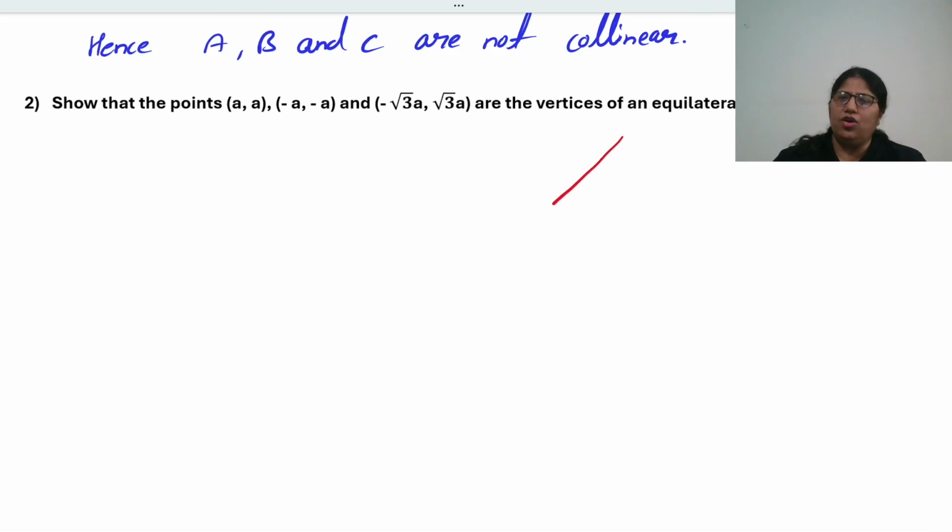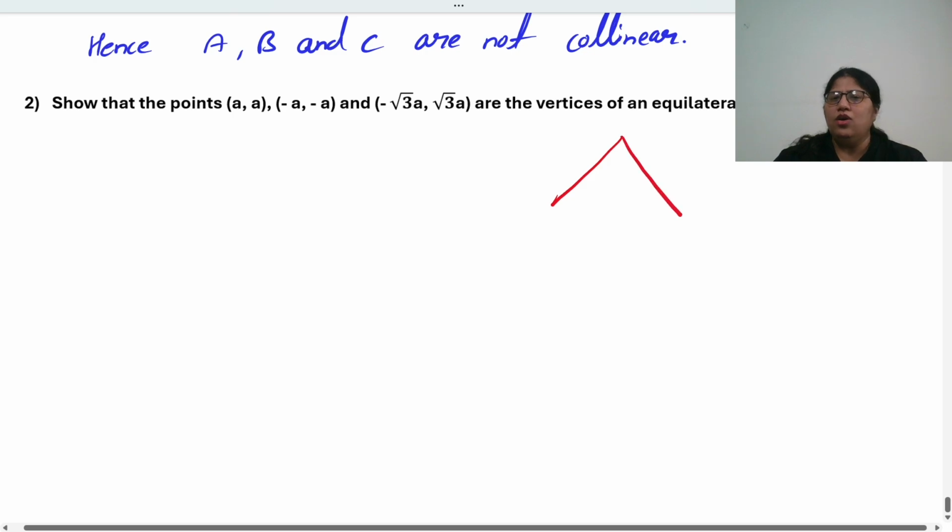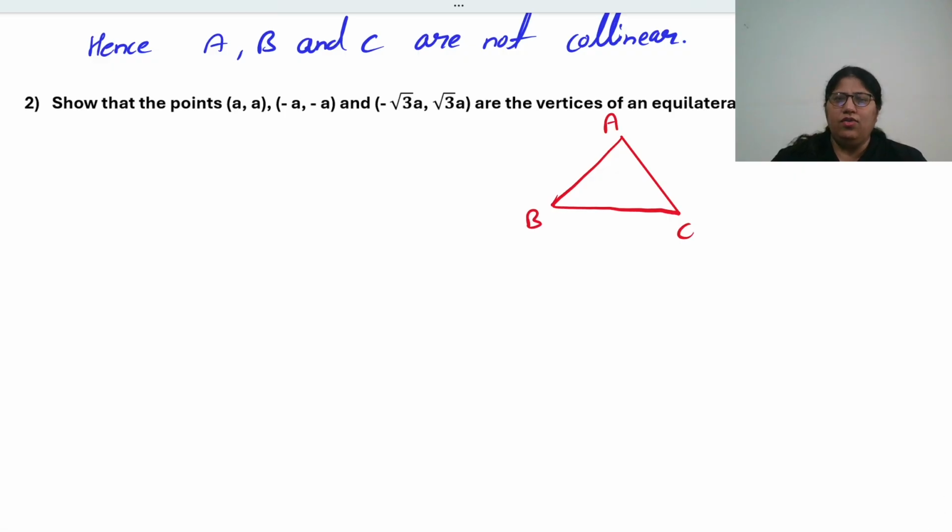So let us first draw a triangle because the three coordinates are given, right? I can take those three vertices as A, B, C, and write down the first coordinates A comma A. B as (-A, -A) and C as (-root 3 A, root 3 A).